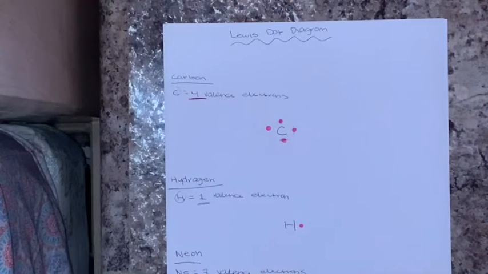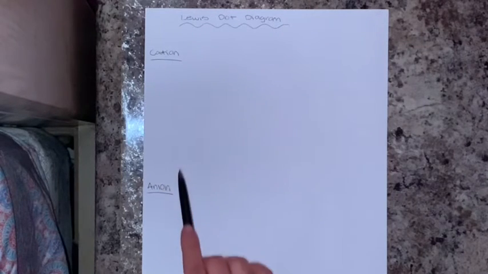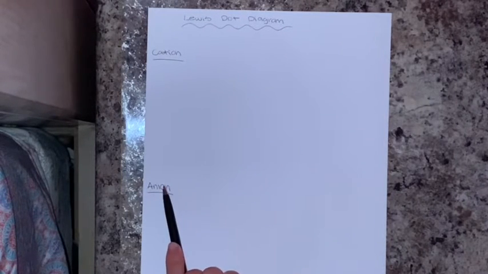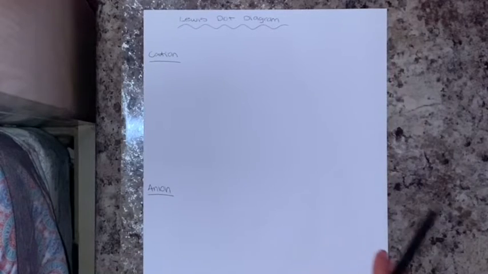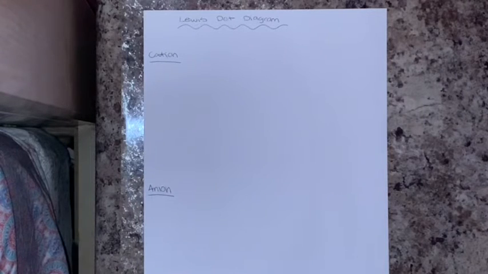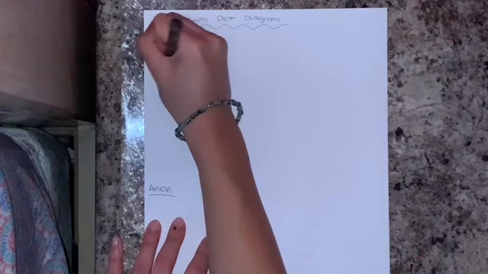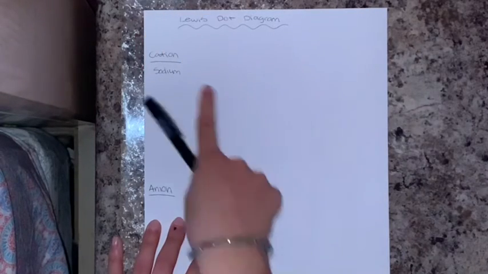And so now we're going to be doing two examples of a Lewis dot diagram for a cation and an anion. We are going to be doing a cation first, and we are going to be working with the element sodium. And sodium has one valence electron.